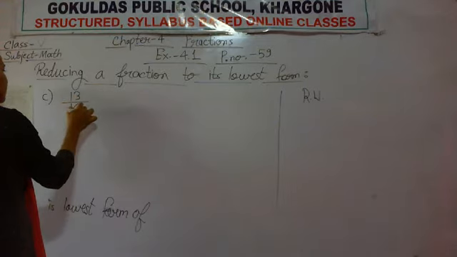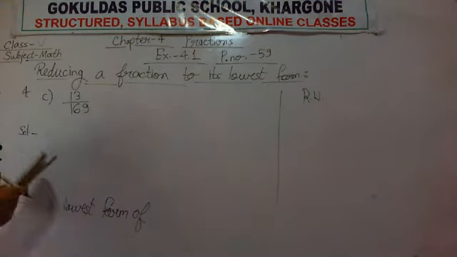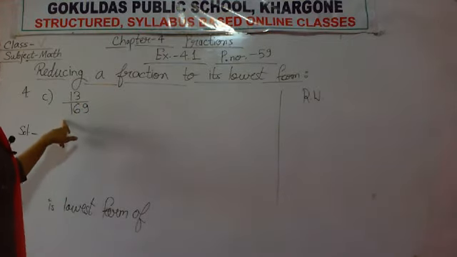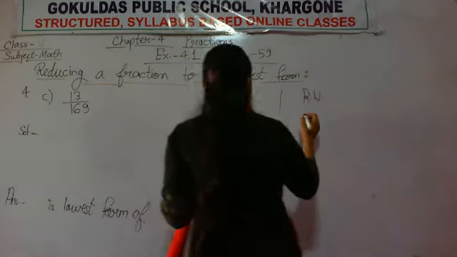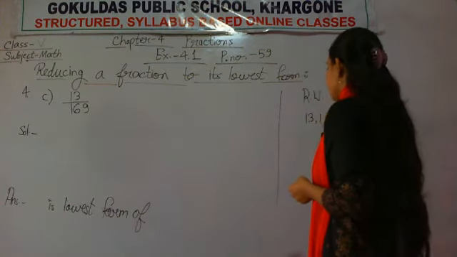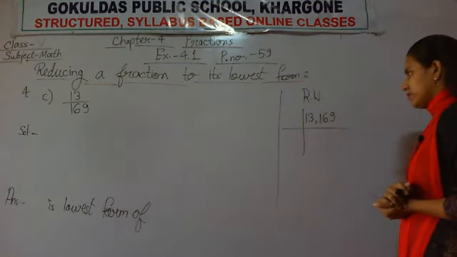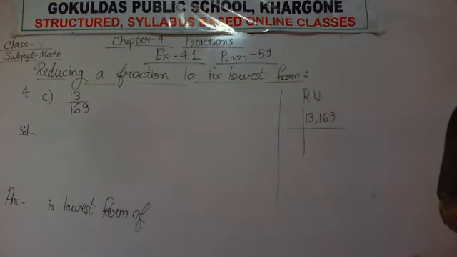Now you have two numbers, 13 and 169. The numerator is 13, the denominator is 169. So according to the first step, we will find the HCF of both the numbers. So by which number must we divide it?